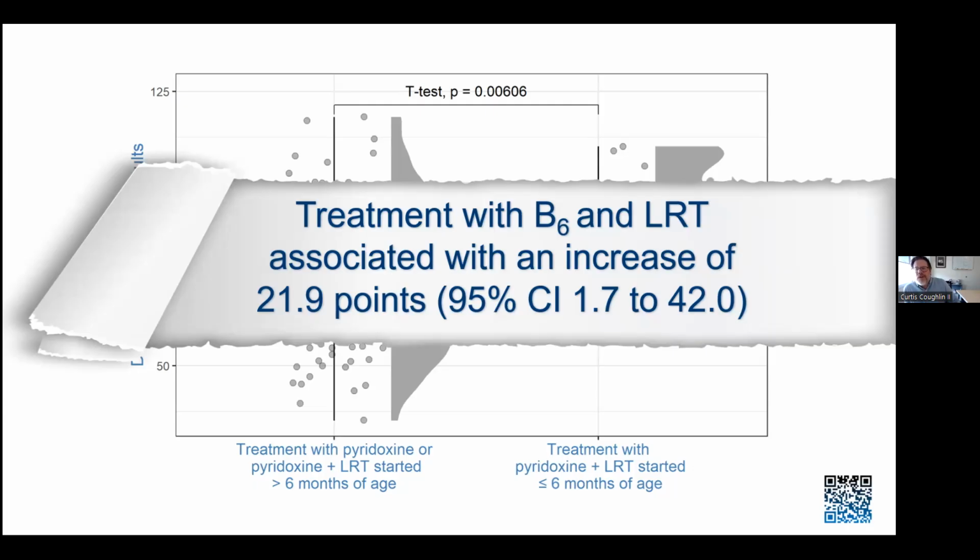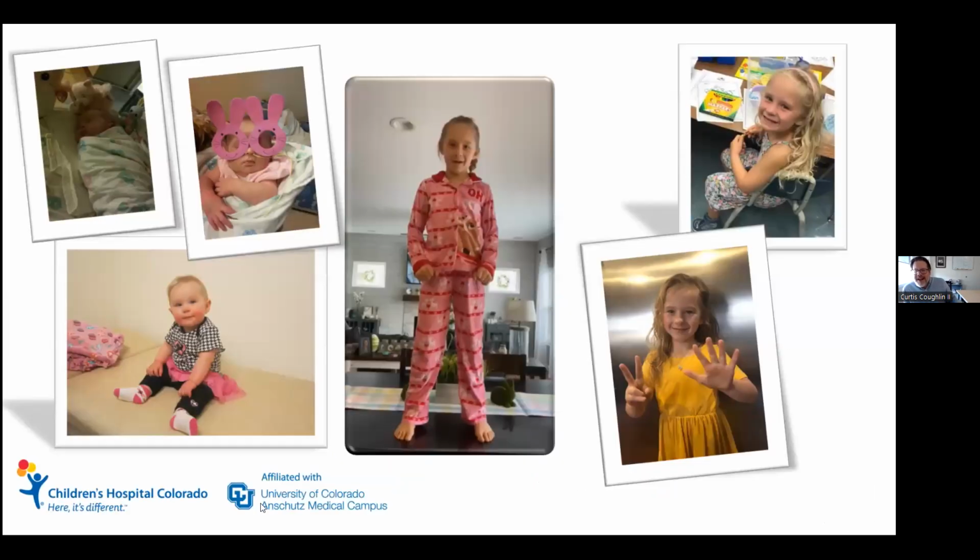And this also fit with our anecdotal evidence. Those patients who we've seen diagnosed at birth and put on these therapies at birth really seem to be very similar to their siblings.